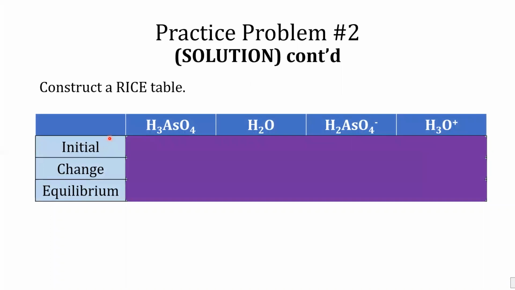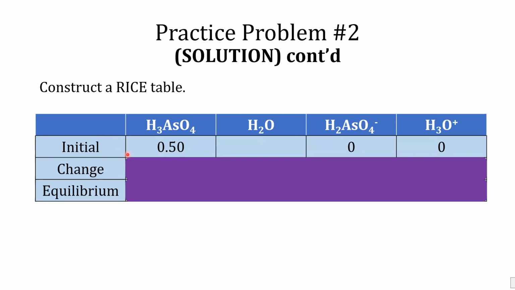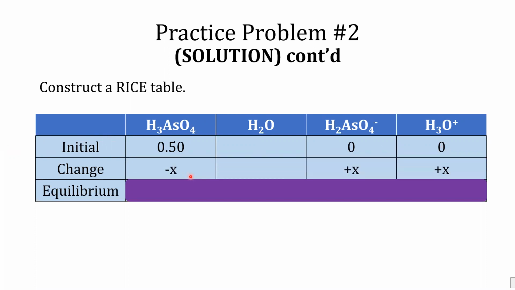One constructs a rice table. The initial concentration of H3AsO4 is 0.50 molar and 0 molar for both H2AsO4 minus, or dihydrogen arsenate, and hydronium ions. The change is minus X for H3AsO4 and plus X for dihydrogen arsenate and hydronium ions.